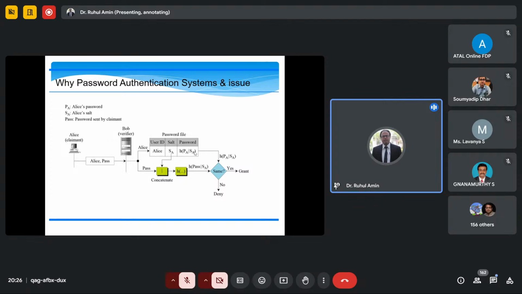Then only will the attacker succeed. In case 2, the probability of success might be high, but here the probability will be low, because the attacker has to guess the PA value as well as the SA value together.